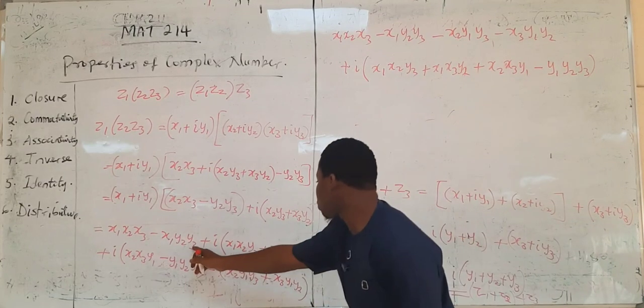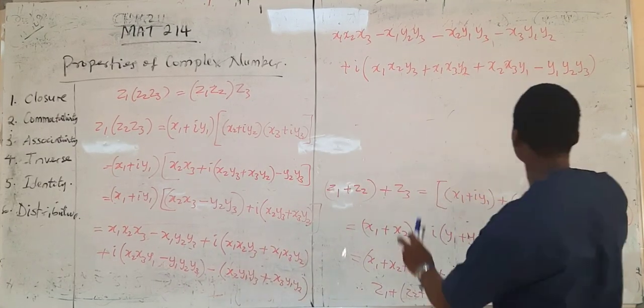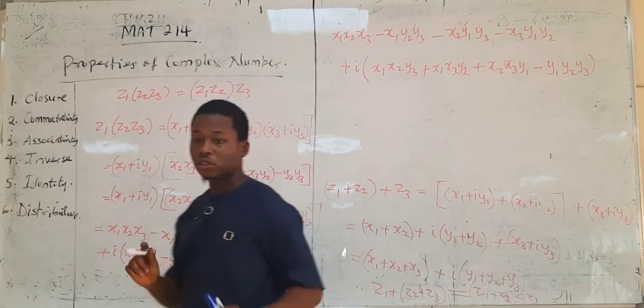So when we're done with this, that's the value for z1, z2, z3.